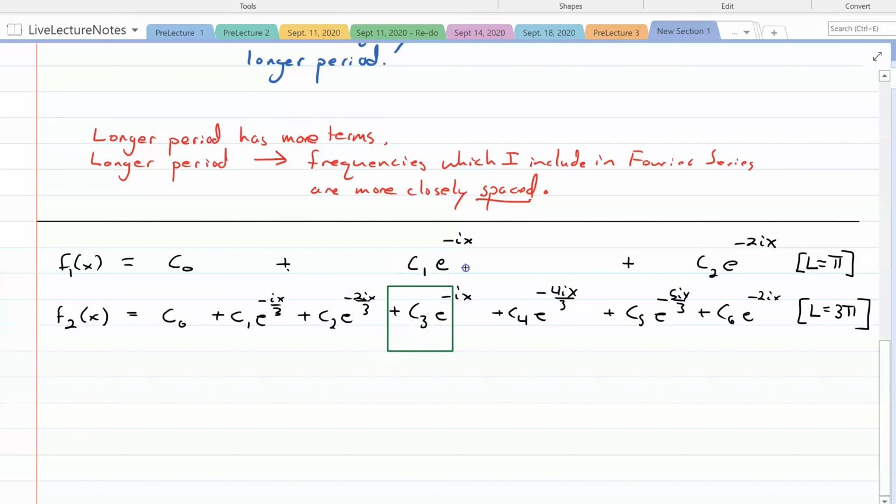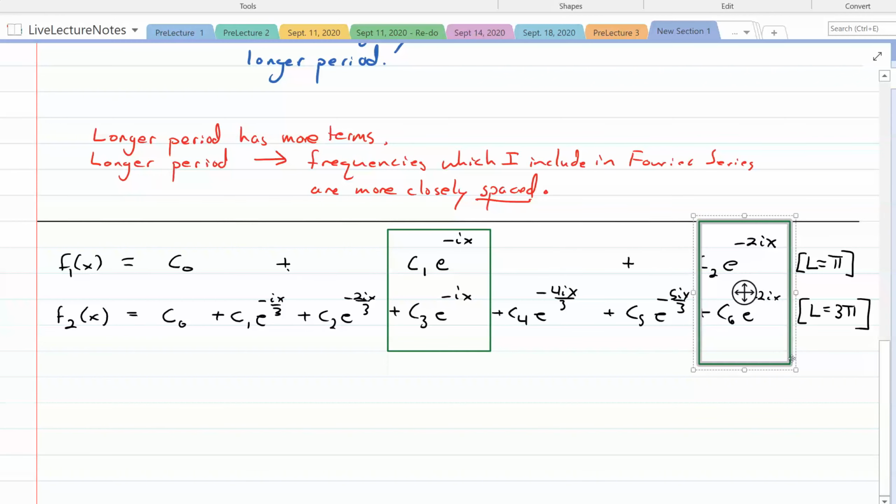So you can see that these frequencies here are the same frequency that's included in the Fourier series, and these are the same. But f2 has more frequencies in between, right? They're more closely spaced, that I'm adding up in the Fourier series.